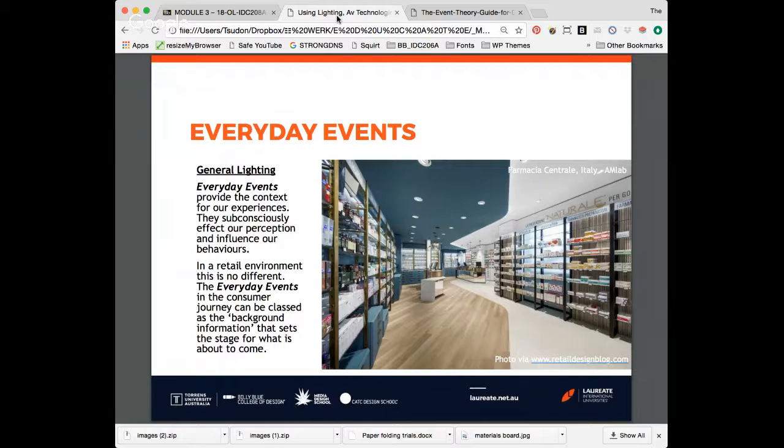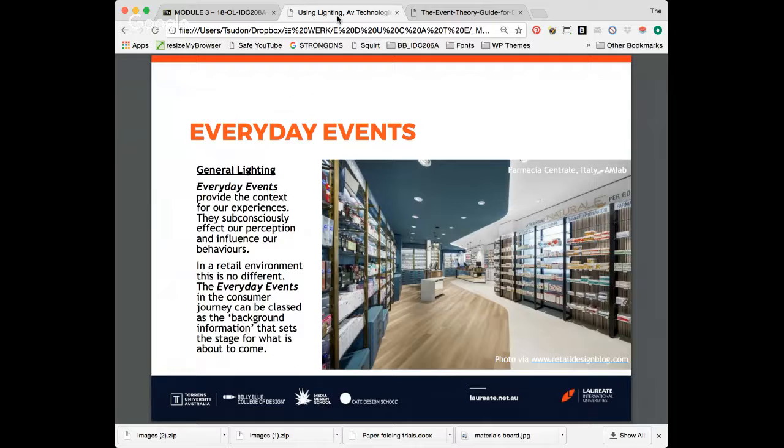So let's take a look at the everyday events or the general lighting zones. Remembering that the everyday events provide the context for our experiences. So these are the subconscious effects of our perception, and they also influence our behaviors in terms of how we feel we should act or engage with a particular brand. In a retail environment, this isn't any different.